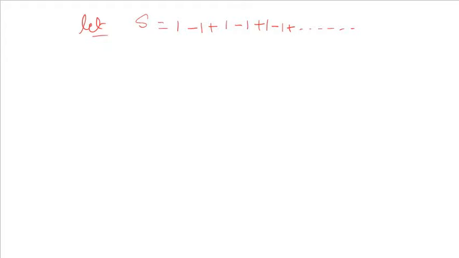Many people will argue that you can't take that 1 minus s. But what if we take the value of 1 minus s? Let's see what the result will be. We subtract from 1 the whole term s, so it becomes 1 minus 1 plus 1 minus 1 plus dot dot dot up to an infinite number of times.